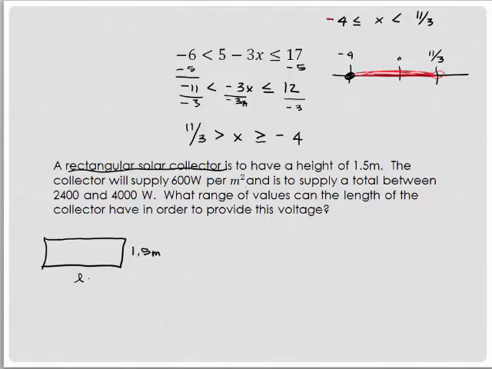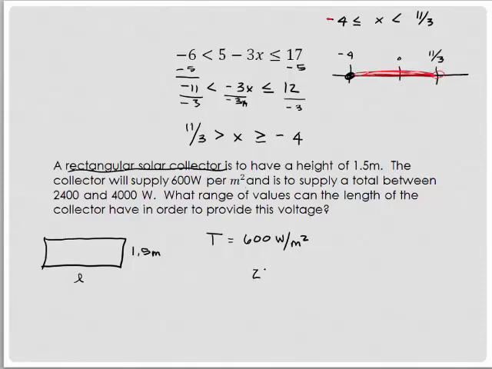It didn't give us the length, but it will supply, in other words, the total is 600 watts per meter squared. And said the total is in between 2,400 and 4,000.